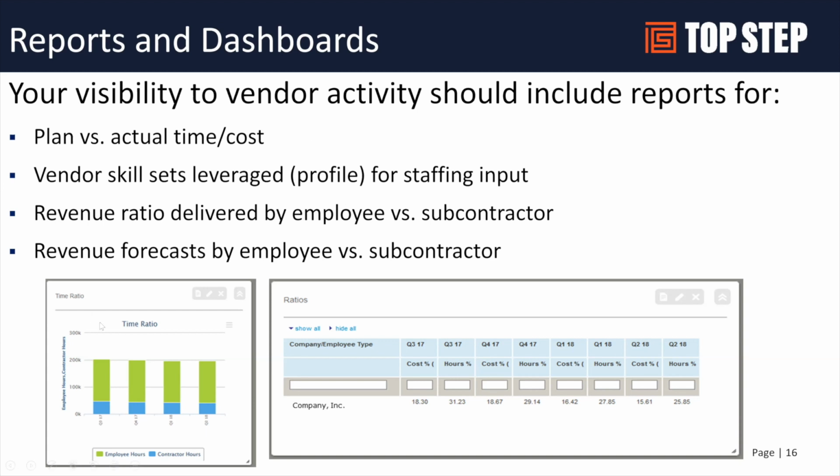So you can create nice little reports that you can show in nice graphs to show how much of my revenue or my invoicing or even my time I'm entering is driven by employees versus contractors. And that could be a really good KPI to keep your eye on, knowing whether you need to hire more employees versus contractors. And obviously revenue forecasting and utilization forecasting looking forward for both employees versus subcontractors.